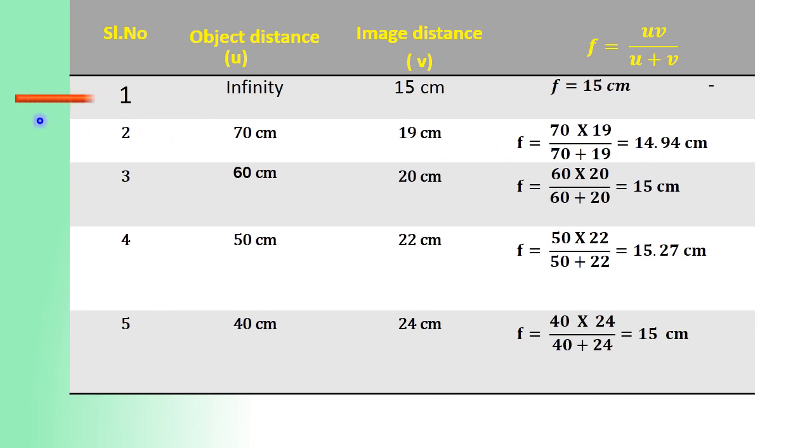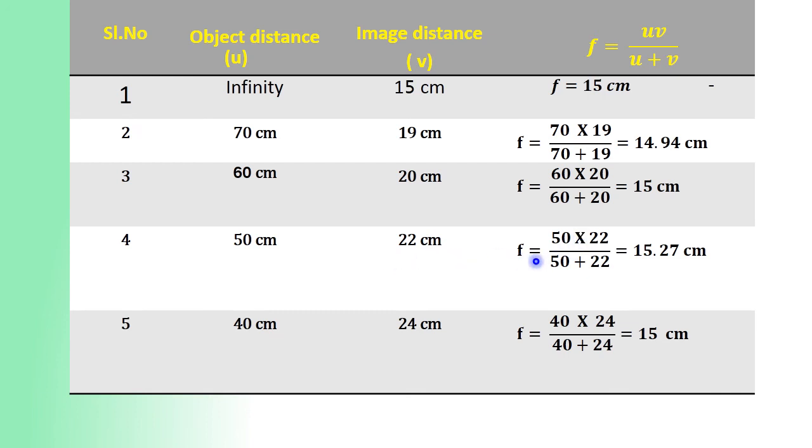See here, first one, serial number 2, U is 70 and V is 19. Serial number 3, 60 and 20. Serial number 4, that is in case 4, object was at 50 centimeters and image was formed at the distance of 22.